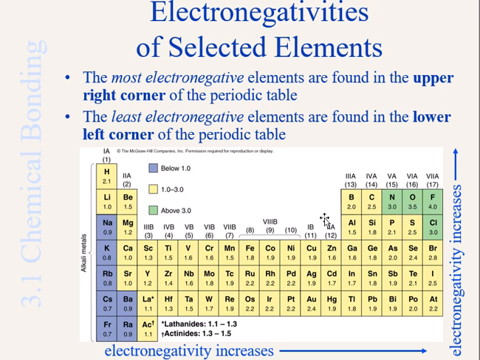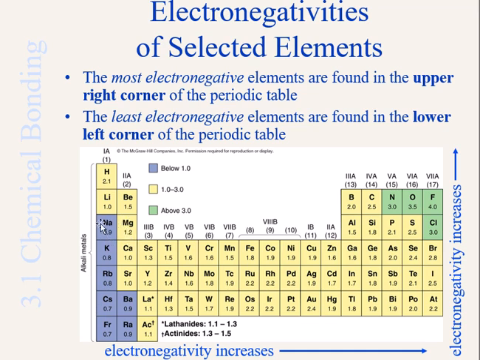Then you have these elements here with electronegativities between 1 and 3. And finally, less than 1 are these metals here. So the most electronegative elements are found in the upper right corner, and the least electronegative are found in the lower left corner. Electronegativity trend is also similar to other trends.